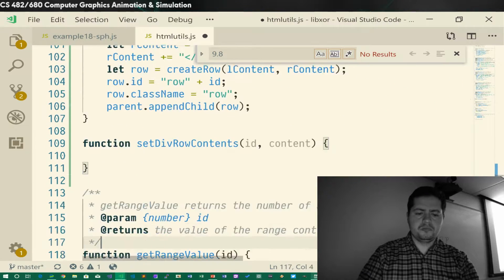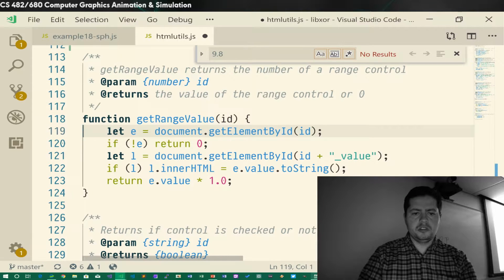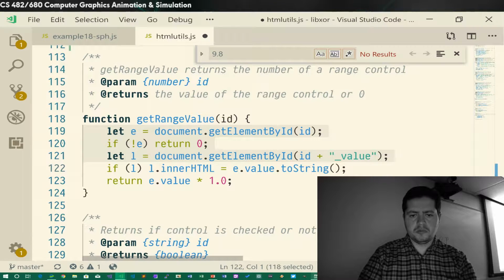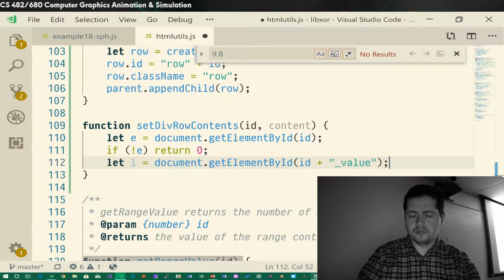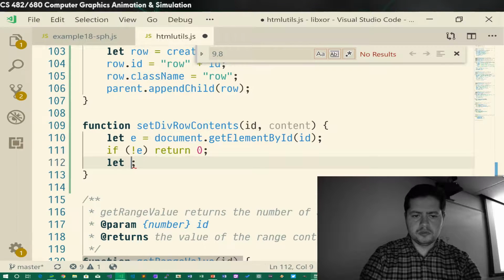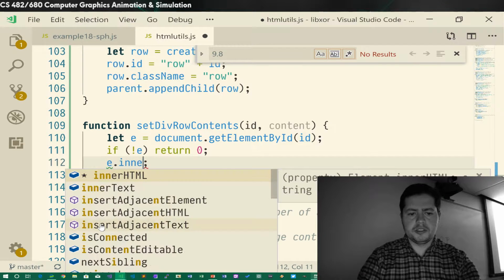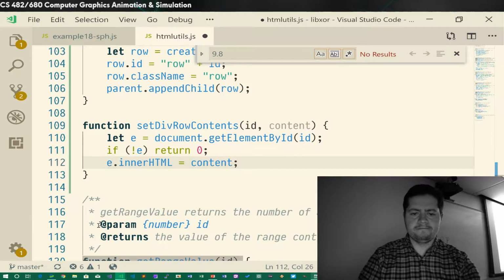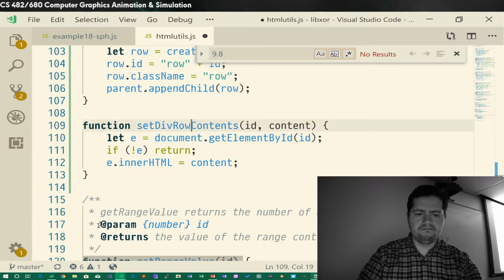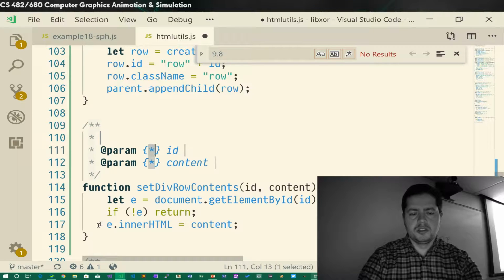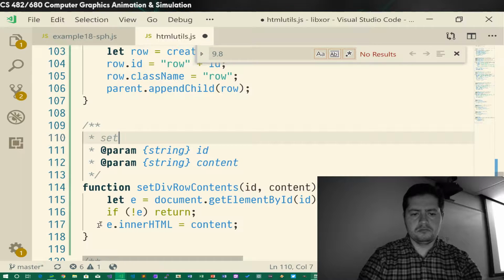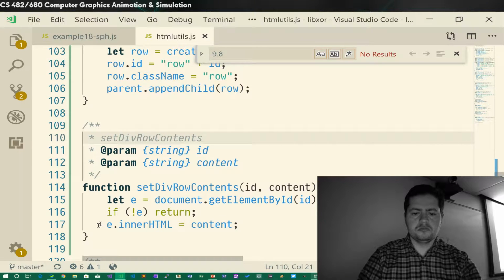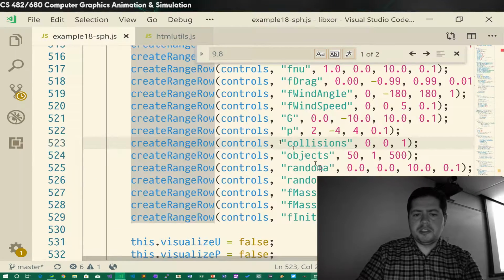This will be pretty easy. E dot innerHTML equals content string. Okay, so we have some good documentation there.